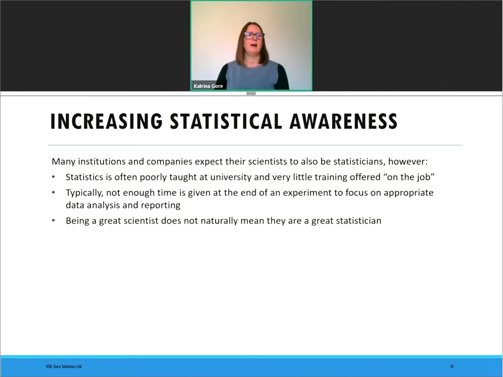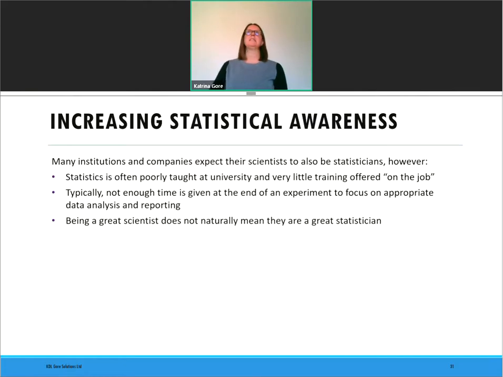Although there is an increase in awareness of the need for experimental design and better techniques and principles, I'm still finding that not enough time is given at the end of an experiment to focus on the appropriate data analysis and reporting. And a lot of my time I'm spending on running training courses around that particular aspect to enable people to perform analyses themselves.